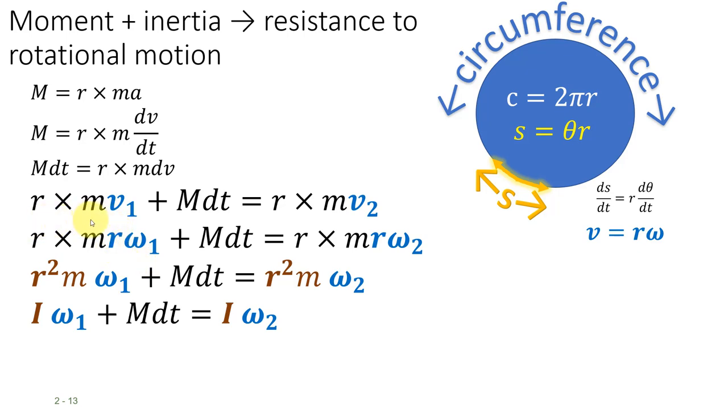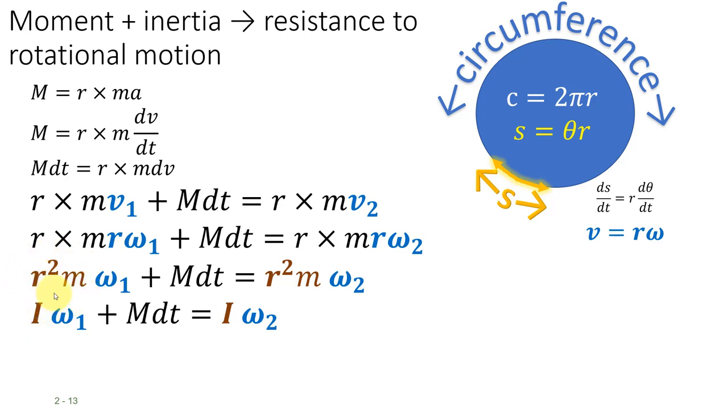So we end up with two radiuses: r squared m times omega. For the linear velocity, remember we had mass times velocity. For rotational motion, we have moment of inertia times angular velocity. So that is what this r squared m is called. r squared m is moment of inertia.